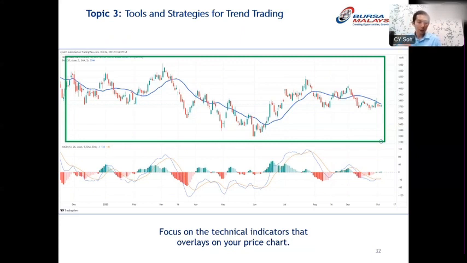All right, so all you need to do when it comes to trend trading is select a trend trading indicator that you are familiar with, study it comprehensively, know it in depth, as well as build trading strategies focusing on your trend indicator first.